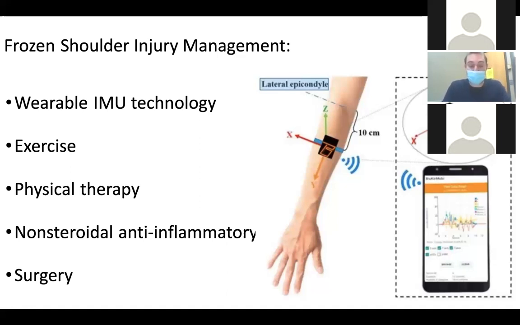So basically, when it comes to any sport-related injury, decisions on return to play following an injury, such as a frozen shoulder or rotator cuff tear, should be made collectively with a team physician, rehab staff, and the athlete. Before returning to play, the athlete should be able to demonstrate adequate power and muscular endurance consistent with pre-injury levels.